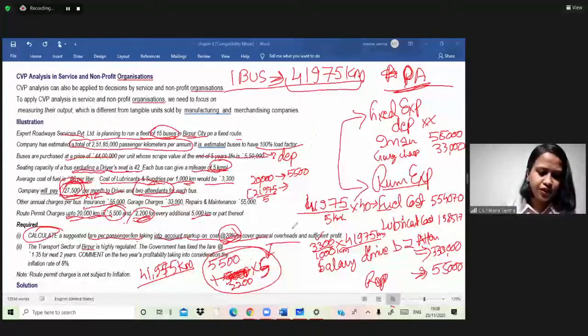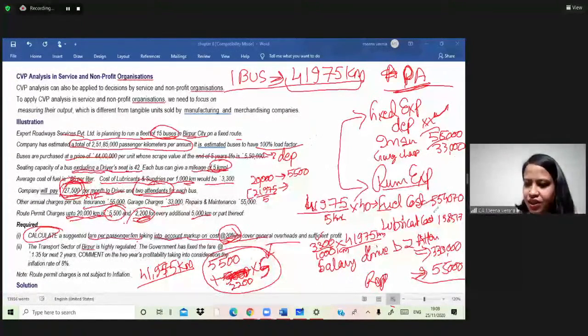Is there any query related to this? So in this way, you add all these values: you calculate the depreciation here considering these 3 values and then all these 4 values. After considering them, you will find the total cost. To the total cost, you will add 20% of markup. After that, you will get the total revenue which the organization is earning.